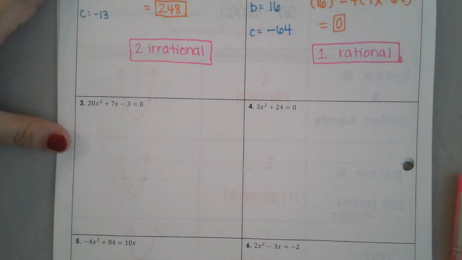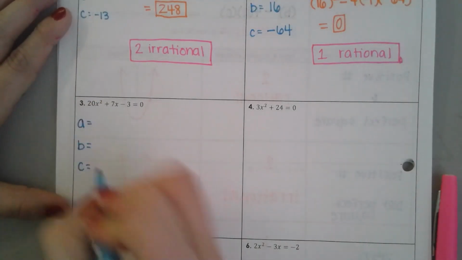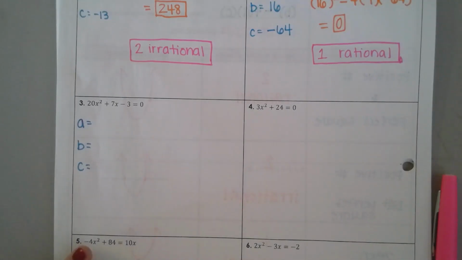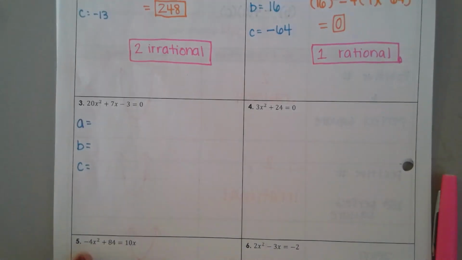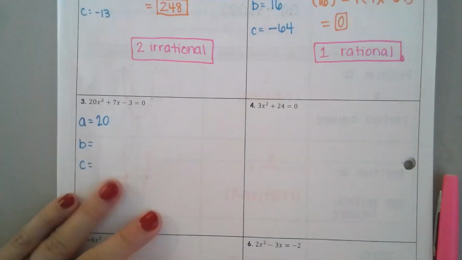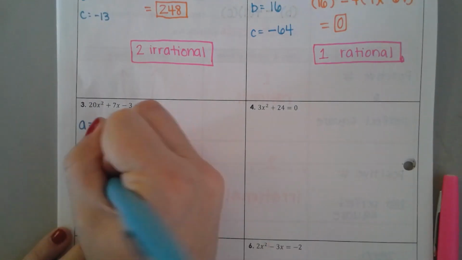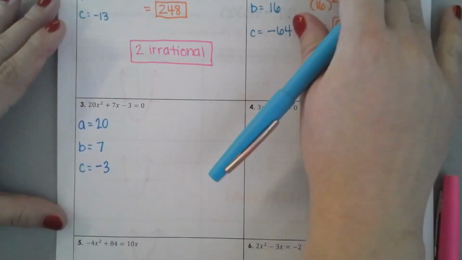Number 3, list out your A, B, and C. A is 20. B is 7. C is -3.